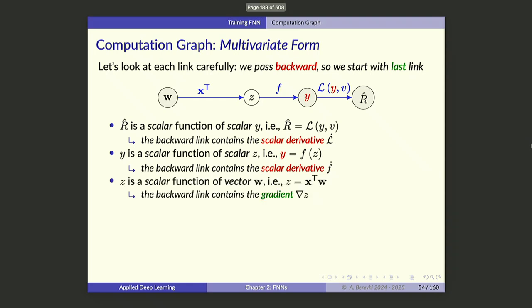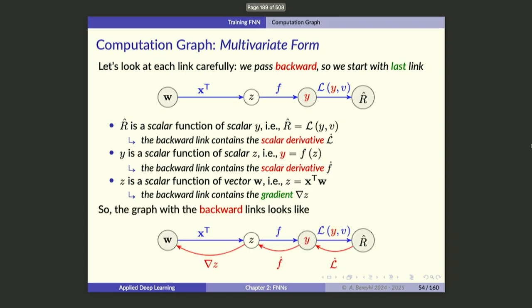So next thing, you would say z is a scalar, w is a vector, and then I'm going to have a gradient of z, right? And that gradient of z contains all the partial derivatives of z with respect to weights, right? And then you can put it inside a vector. And now you just need to do backpropagation in this form.